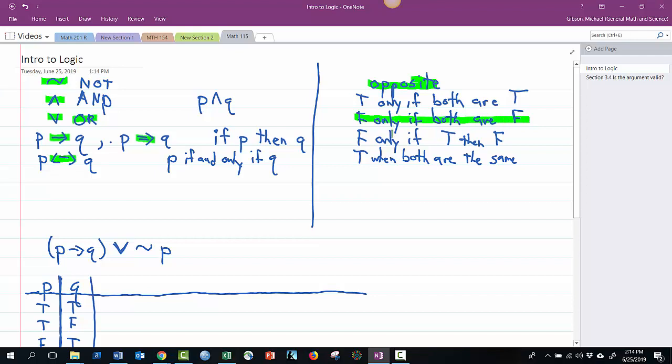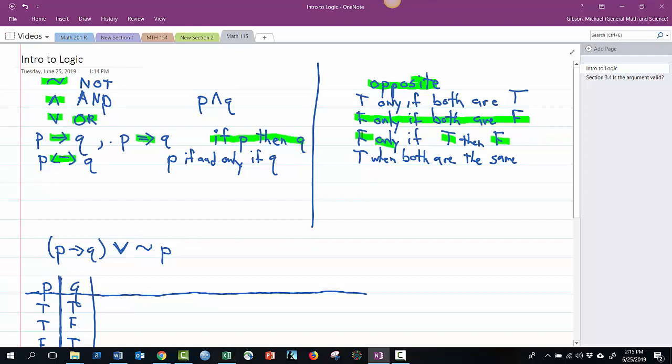Here's the next statement, our if P then Q. Whether the single arrow to the right or the double arrow to the right, it's still if P then Q. Now this one is false only if the first variable, the letter in front of the arrow, is true, and then the letter after the arrow is false. Any other combination, an if-then is considered true.